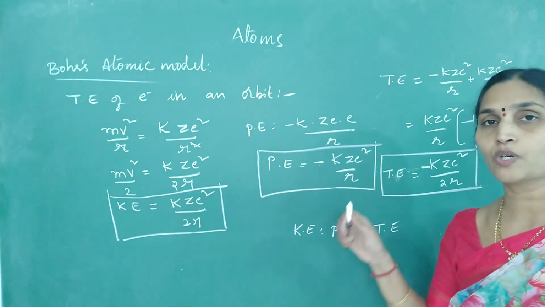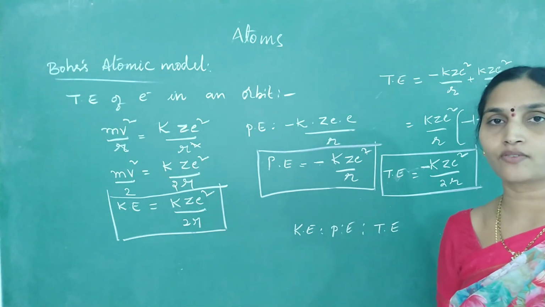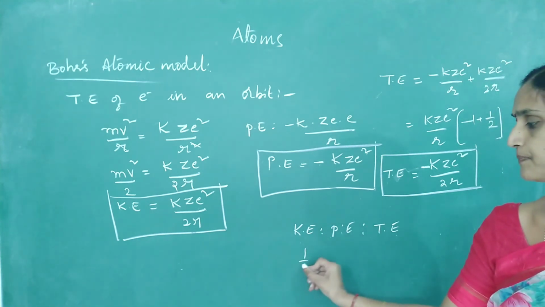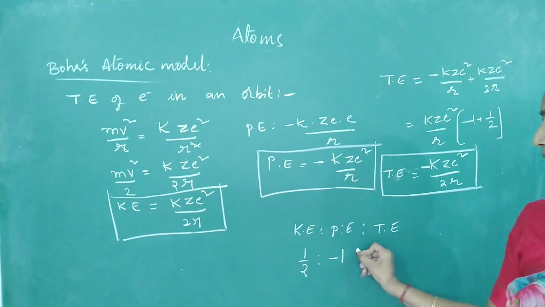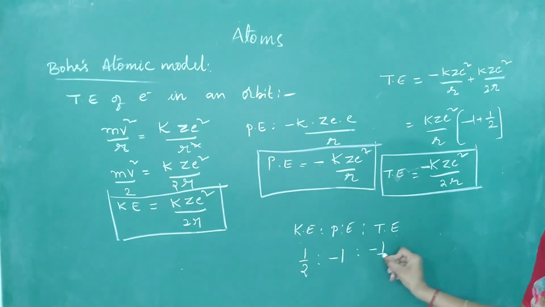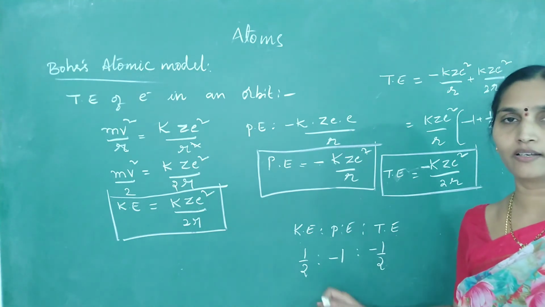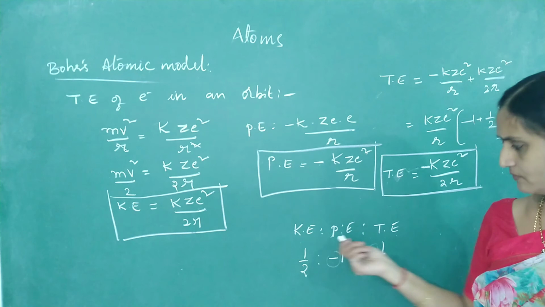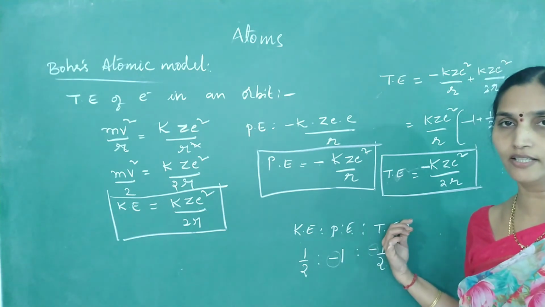If energy becomes positive, it has overcome the electrostatic force of attraction. So what should be the ratio of these three values? Half is to minus 1 is to minus half. If you want, you can simplify it by multiplying with 2 or leave the answer. But it is a must to use a negative sign for potential as well as total energy.